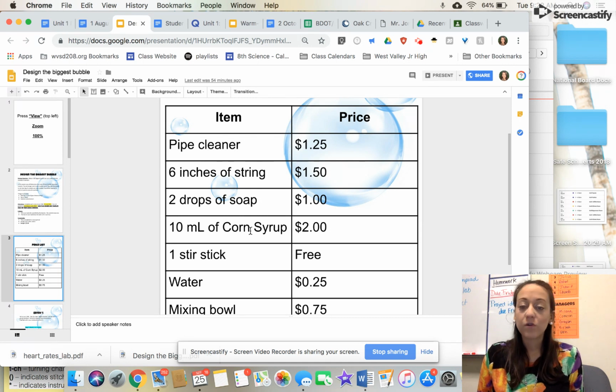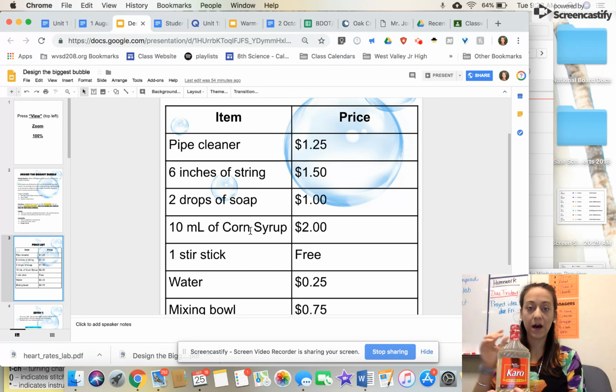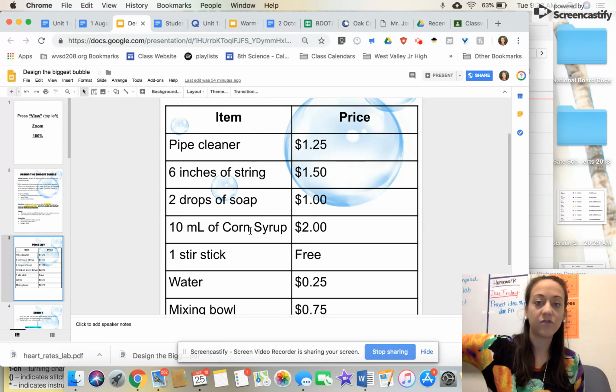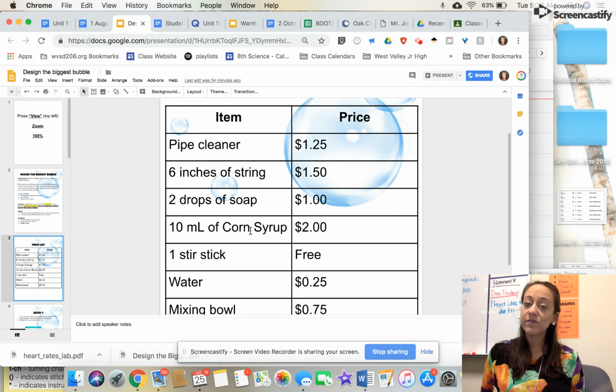10 milliliters of corn syrup. So I have light corn syrup here, and I will have a 10 milliliter little beaker for you to measure. If you're going to use corn syrup, then you have to measure it yourself and charge yourself $2. A stir stick, it's free to be able to stir your solution. Water, 25 cents, but in an unlimited amount for 25 cents.